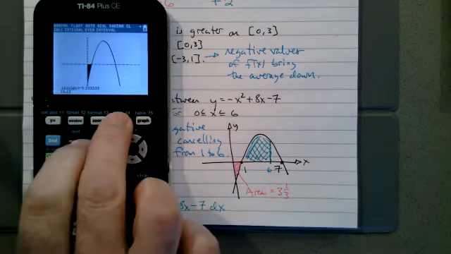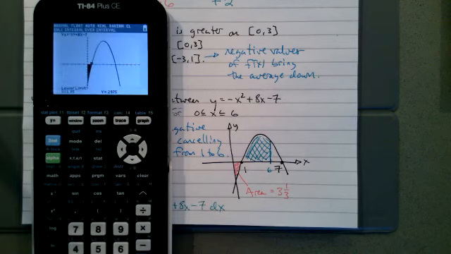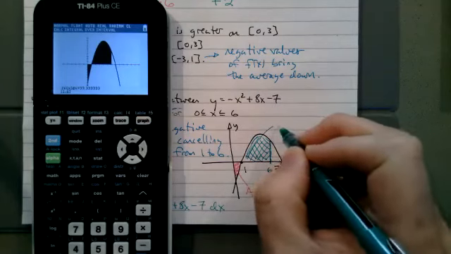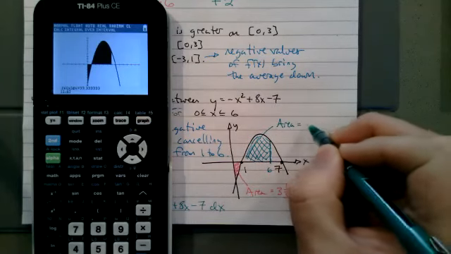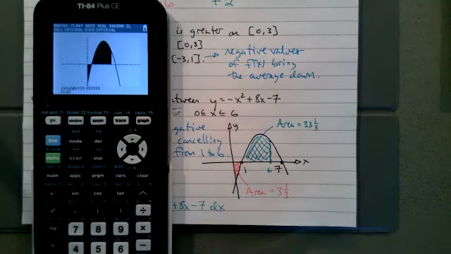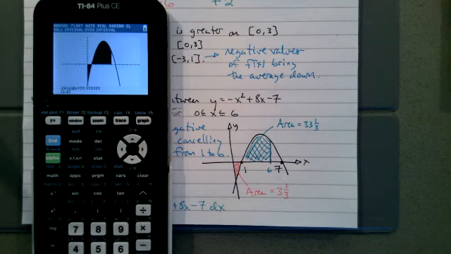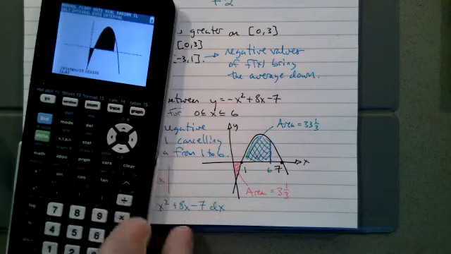And then if we integrate from 1 to 6, that gives us a value of 33 1/3. So the total area from 0 to 6 is 36 2/3.